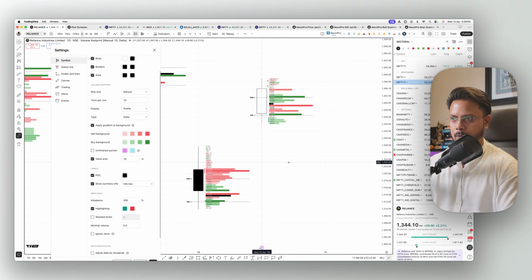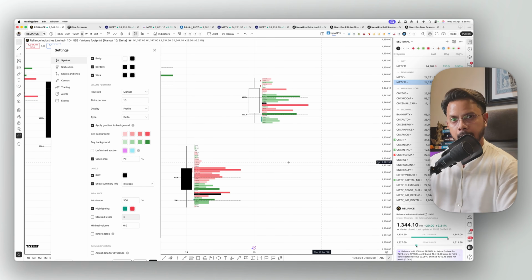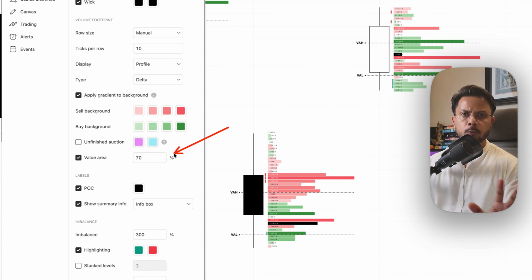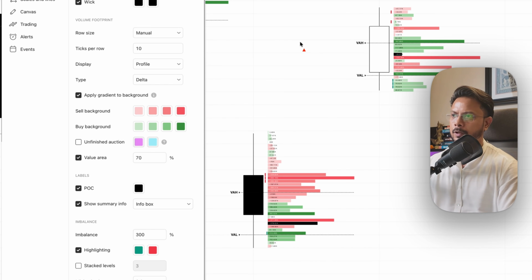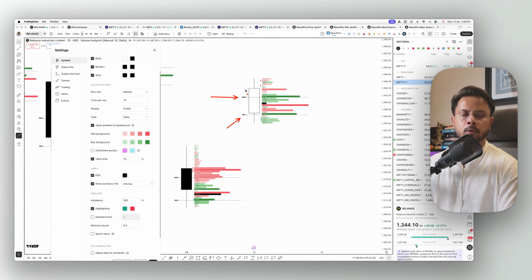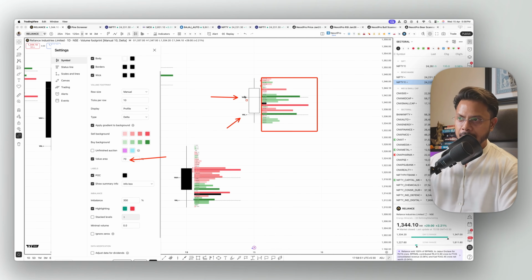Now let's talk about value area and imbalance. This is where things get really interesting. Value area 70% is in line with the volume profile concept. Over here you can see VAH and VAL, value area high and value area low. 70% means that of today's entire volume, 70% happened in this area.